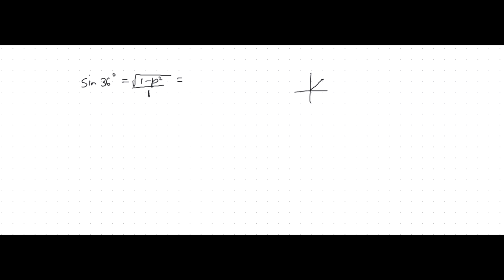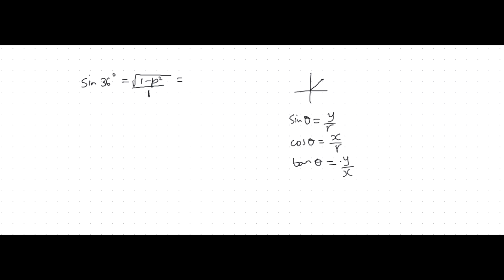So now we do know that sine theta is y over r, and cos theta is x over r, and tan theta is y over x. So this is very important. You need to know this.